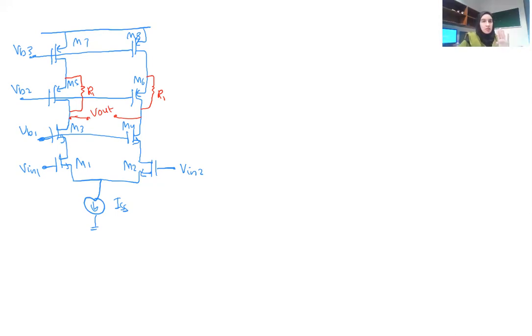So since it's symmetric on both sides, we can draw a line of symmetry. And any point that crosses it will be connected to a virtual ground. So now the gain can be found just by looking at half of the circuit. I don't have to draw it again because it's too big.